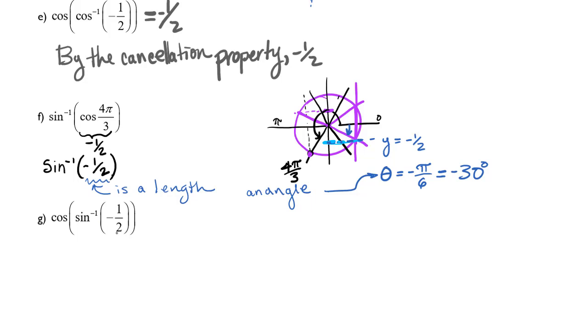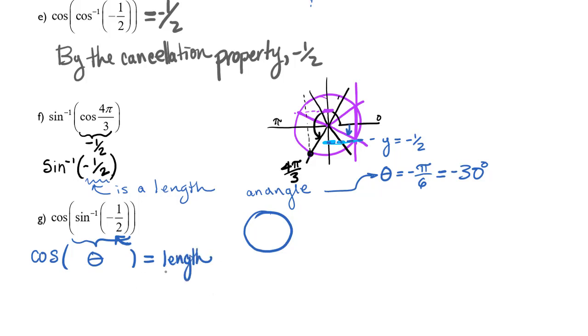Now this last one we have is cosine of sine inverse of negative 1/2. We have a length going in. We should be getting an angle out. And then cosine of that angle, whatever we get, we don't know it yet, should give us a length.